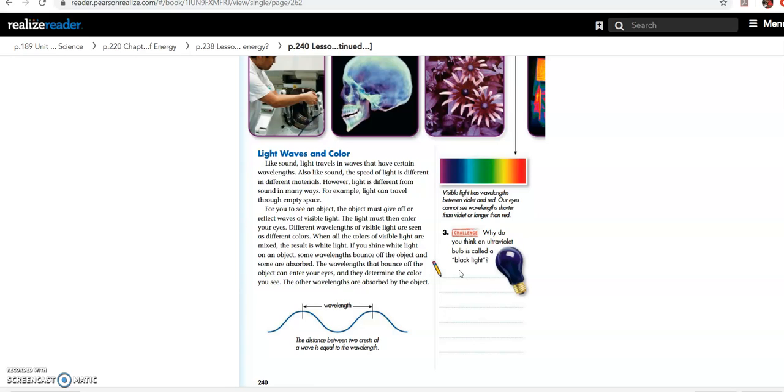There's a lot of different uses. But it's called a black light because ultraviolet light is not visible to us. The wavelength is too short. So we call it black light because according to our textbook, all the colors of visible light are white light. So we cannot see it. The wavelength is too short for us to actually see.